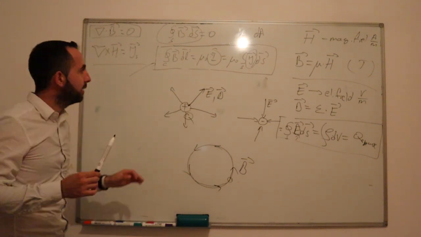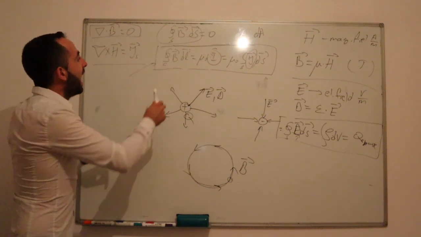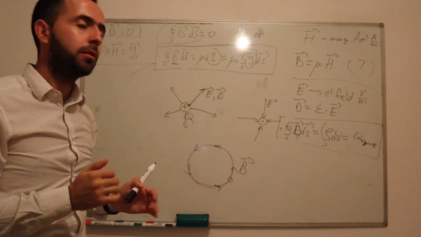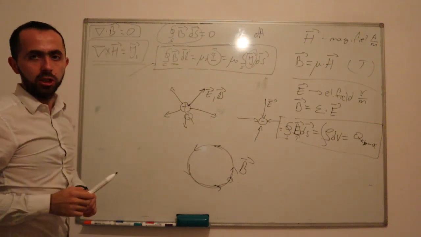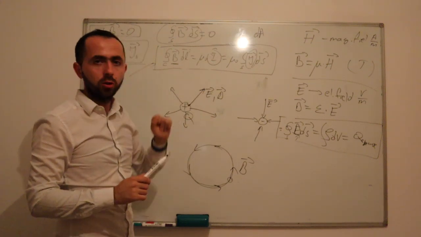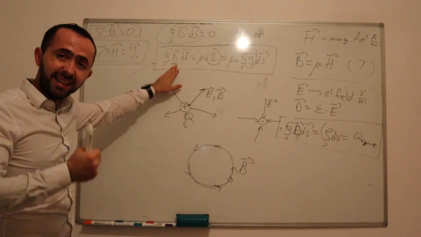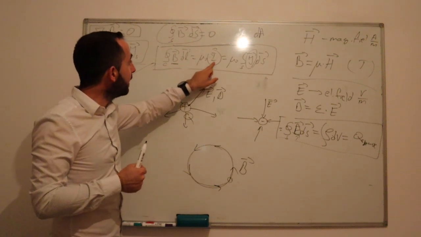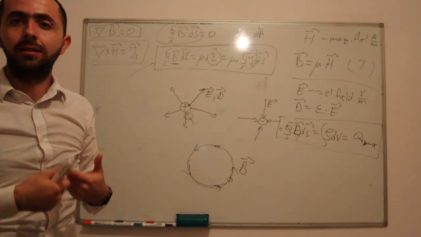So this equation tells us what are the vector sources of this field. Or if you analyze the Maxwell equation, what are the vector sources of this field? So the magnetic field doesn't have scalar sources, but it does have a vector source, which is a current or current density.